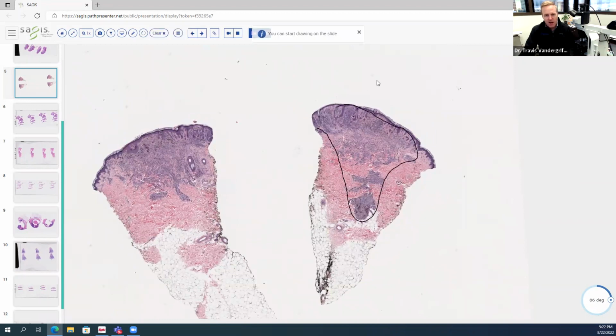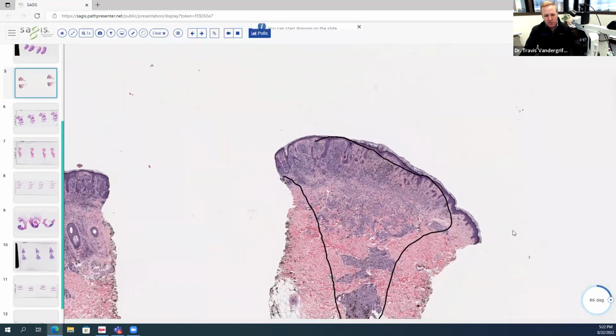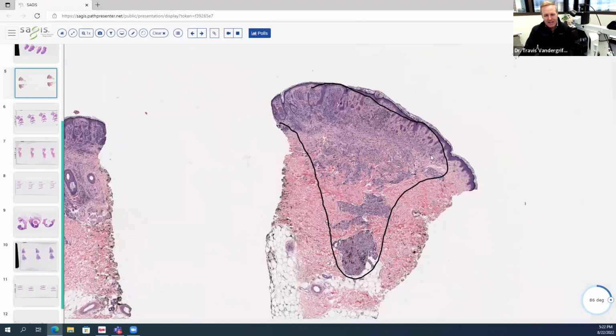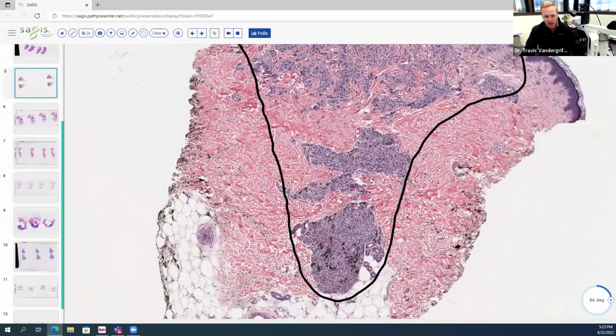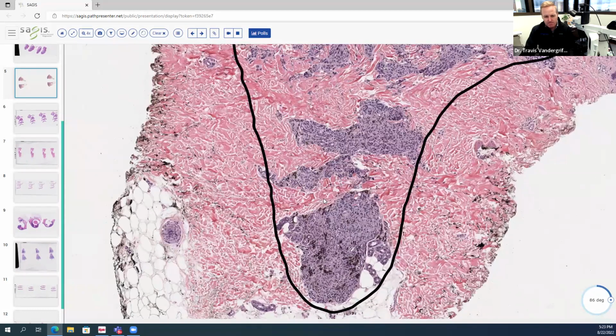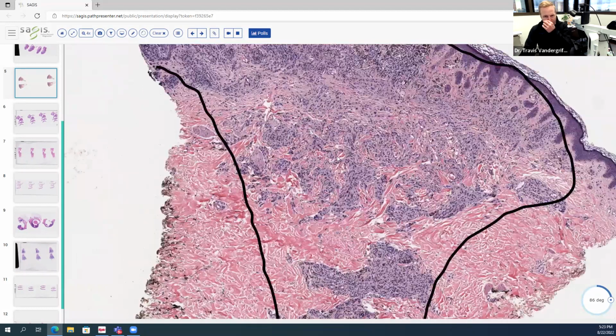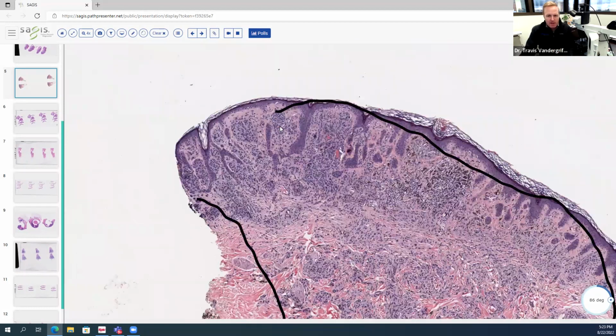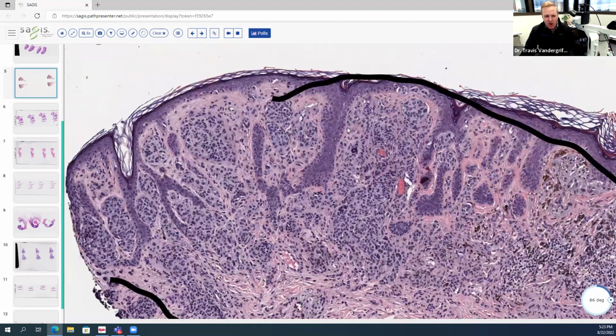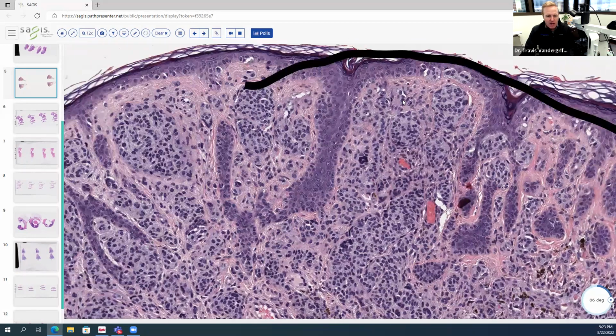Okay. You've got a superficial proliferation of melanocytes here that descends into the dermis in a bulbous way. It has this wedge-shaped expansile silhouette, and then at the base, it's got this bulbous lobular architecture. As I come up here, I'm going to notice that these melanocytes here are round nuclei.